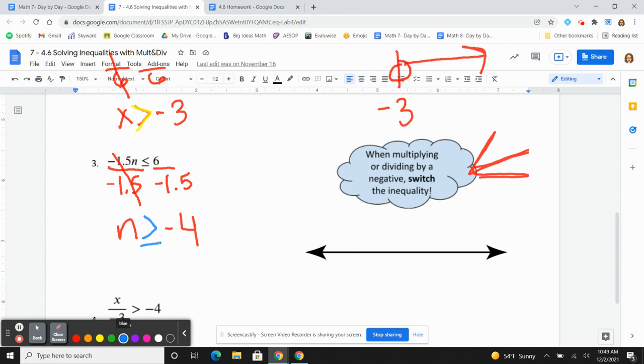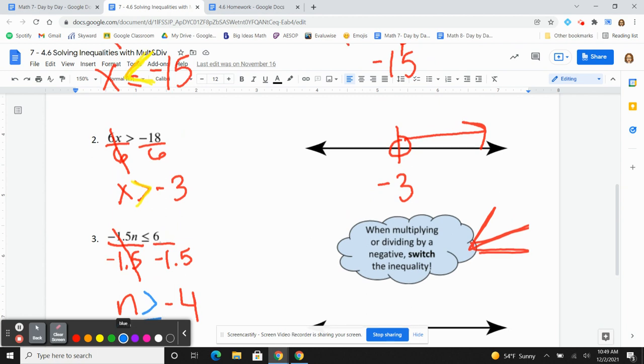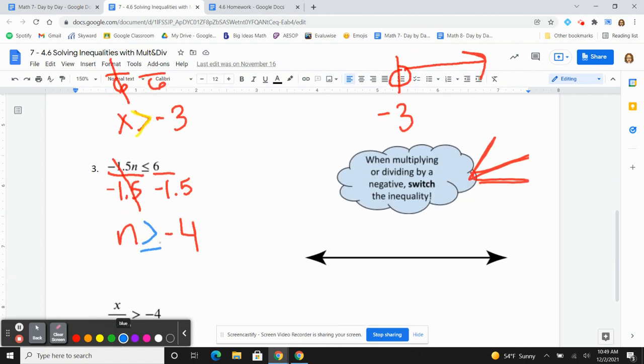So anytime you multiply or divide by a negative number, you have to switch the sign to the opposite direction. Only if it's a negative number. Multiplying or dividing by a negative number. No, because we were dividing by a positive 6. So only if the number at the bottom is negative, or if whatever number you're multiplying by is negative.